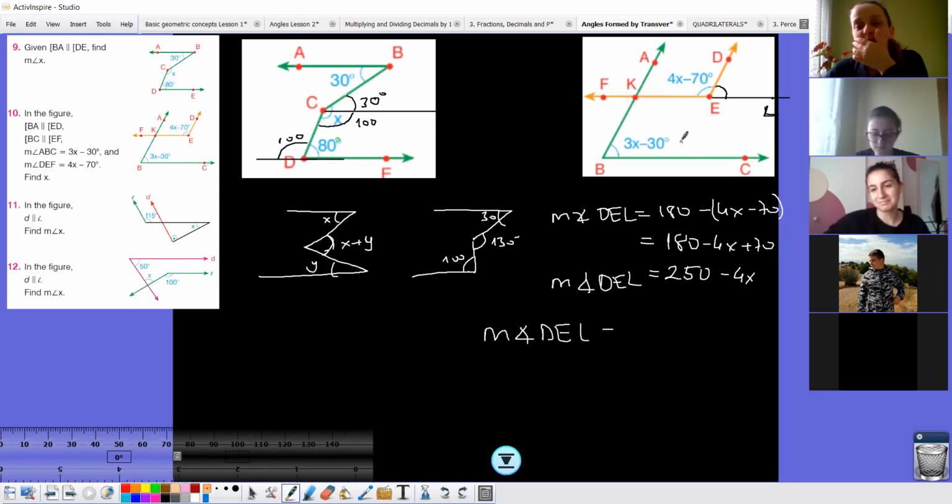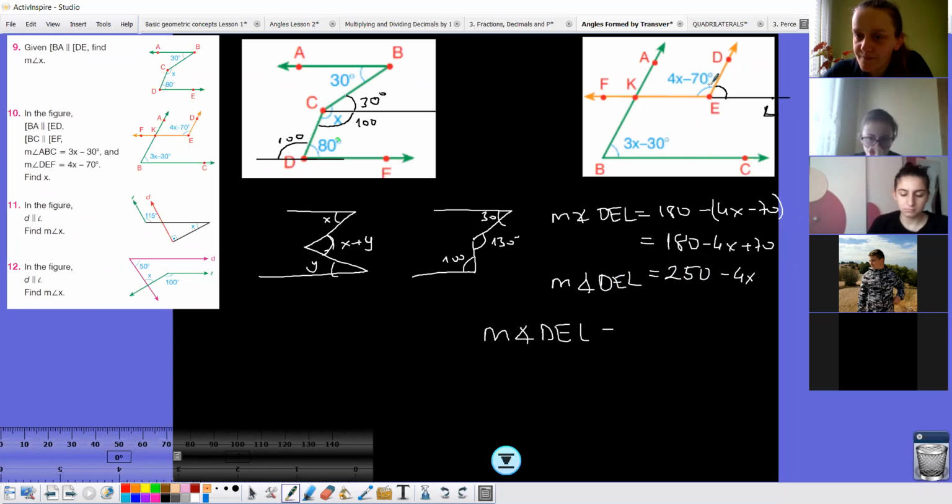Okay. So, if you remember, we said that if we have the sides of the angles, if they are parallel and in the same direction, they are congruent to each other. So here we said that DEL is the same as ABC. First, we found what DEL is. We found that it is 250 minus 4x.